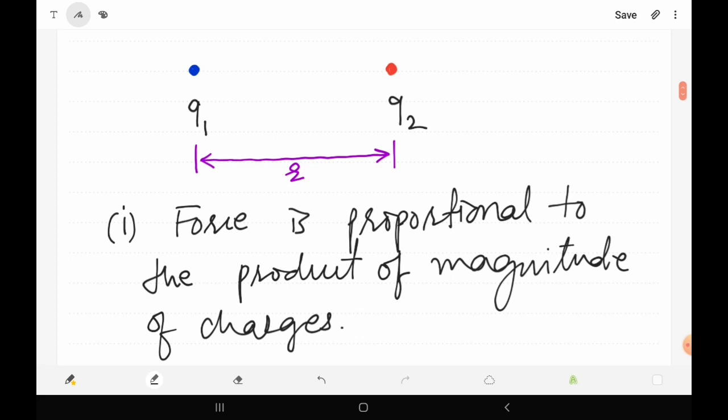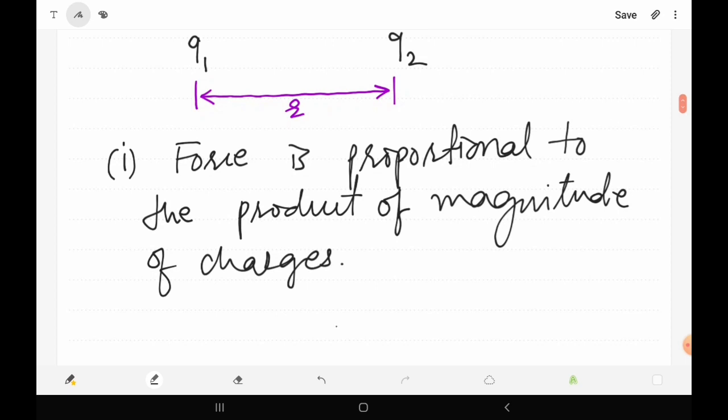It means if we increase the magnitude of either charge, then the force will increase. So the force is proportional to q1 and q2. This is the first condition.